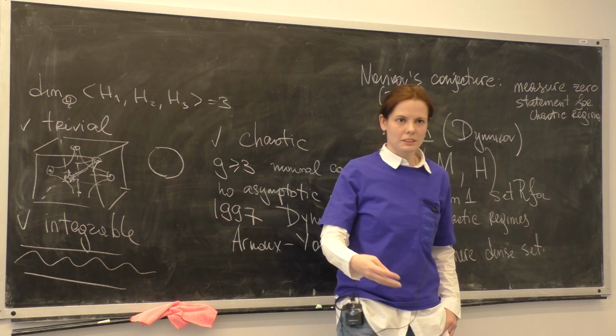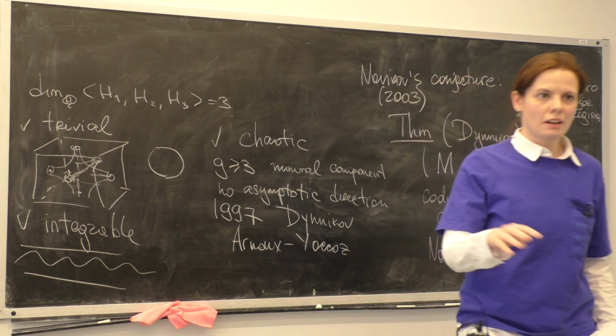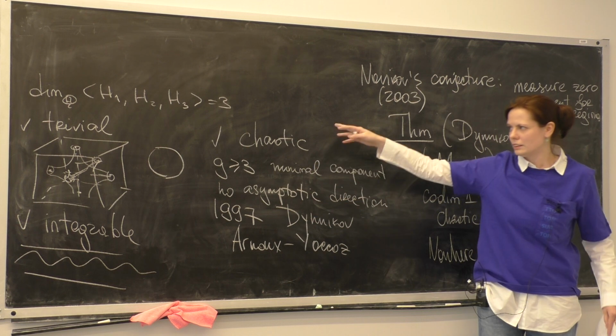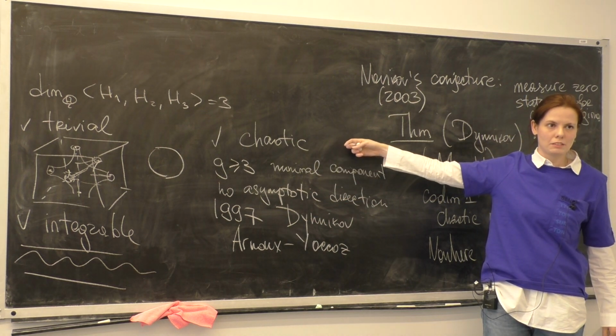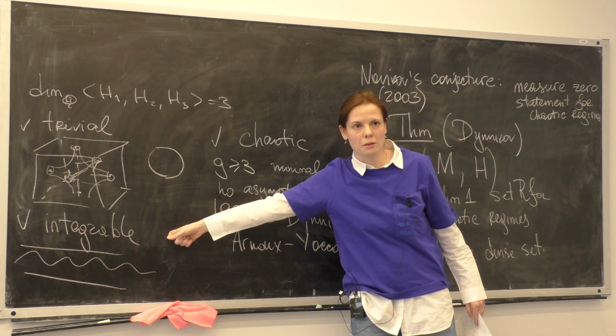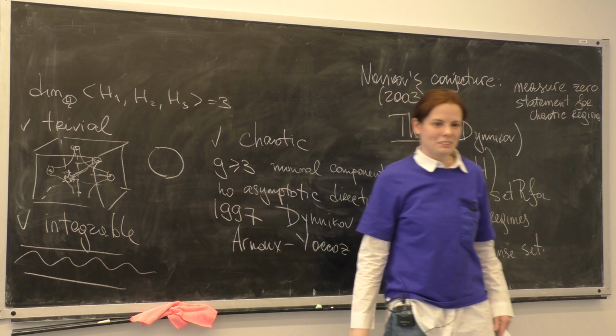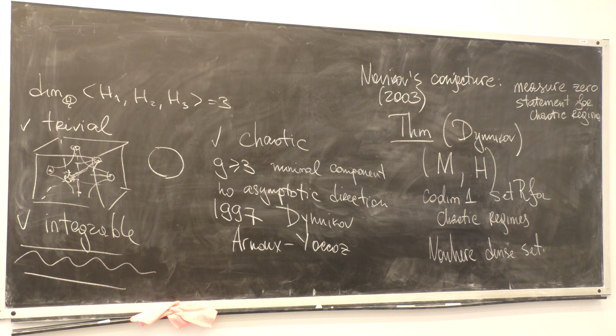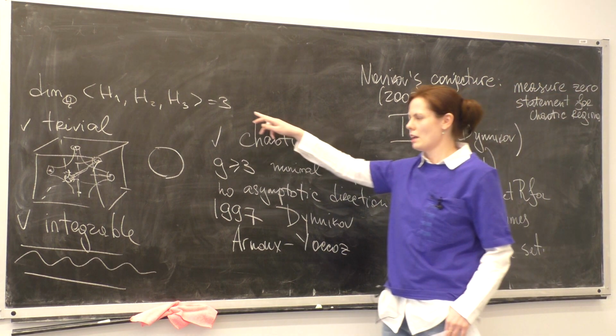So everything interesting starts only from G greater than or equal to 3, and then in this case you always may have chaotic regions, otherwise you will be decomposed into tori, and then you are in the integrable case. Nothing else may happen despite this. If you remove this restriction, you may have something else.